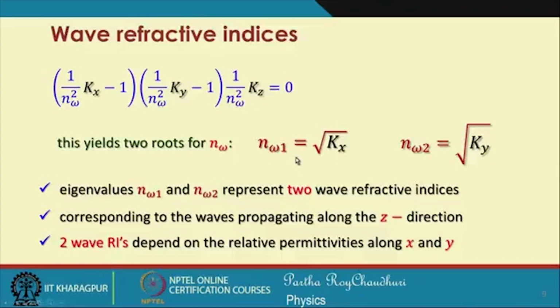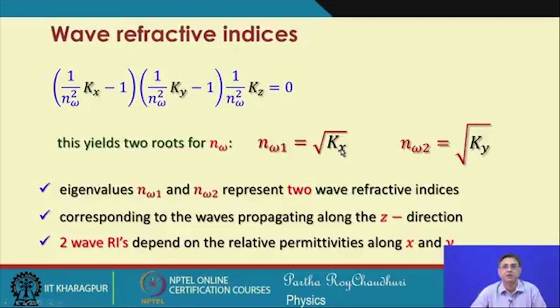The refractive indices seen by the wave are under root of kx and under root of ky. So, simply it indicates that the refractive indices are associated with the permittivity of the medium along the x direction and along the y direction, when the wave is propagating along the z direction.